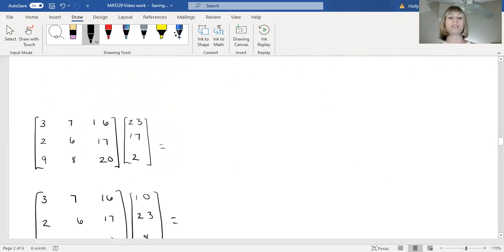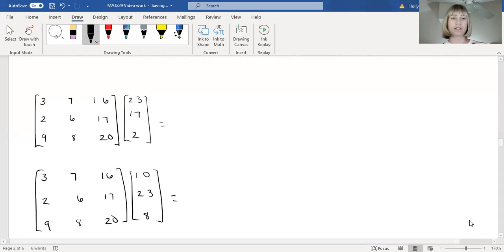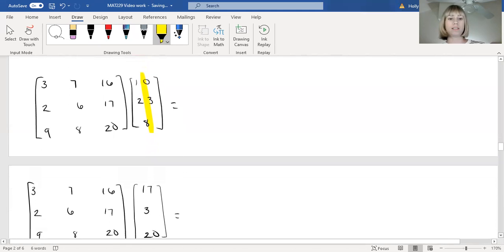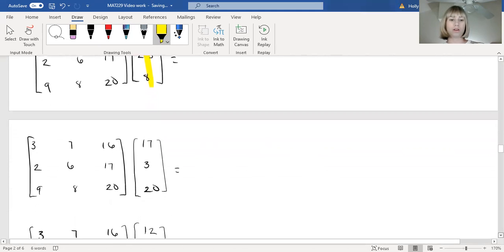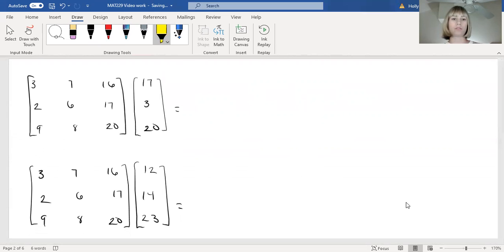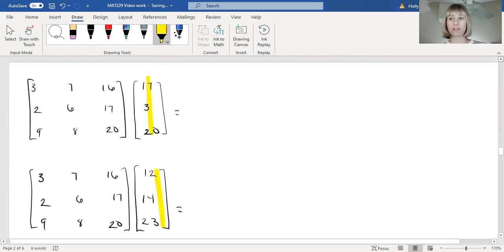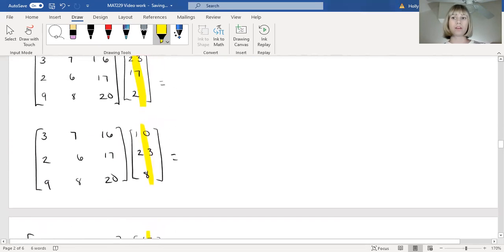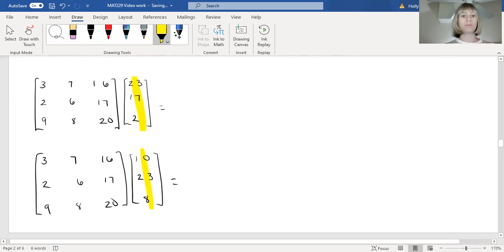It was 23, 17, 2, then the next vector was 12, 23, 8, and so on down the line, where we also had 17, 3, and 20, and then we also had 12, 14, and 23. Those were all of the vectors that we had calculated previously at the very beginning of our video.